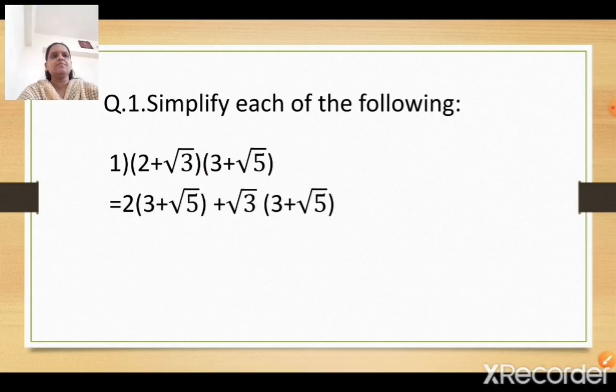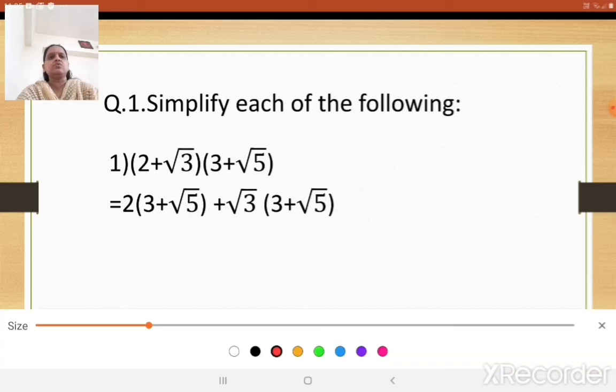Yes, 2 is your first term, multiplied by the second bracket, so 2 into (3 plus root 5). Plus sign will be as it is. The second term is root 3, so root 3 multiplied by the second bracket, that is root 3 into (3 plus root 5). Now what will be your next step?